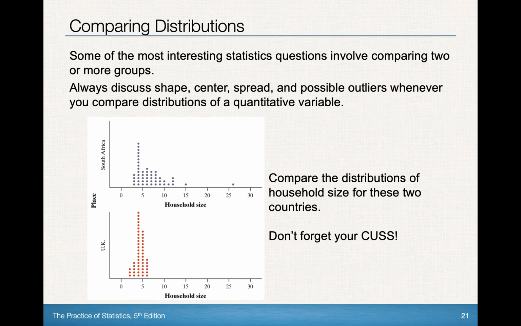And then the spread. We haven't talked much about spread and how to describe the spread, but just looking at these two distributions, I would say that South Africa has a larger spread because they have more values spread out between 3 and 27, whereas the UK is really between 3 and 6. So therefore, the South African distribution spread is definitely larger.